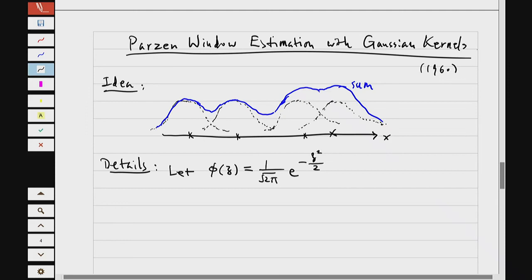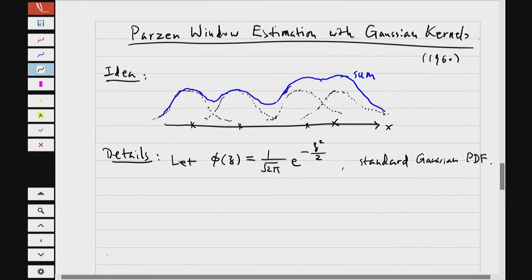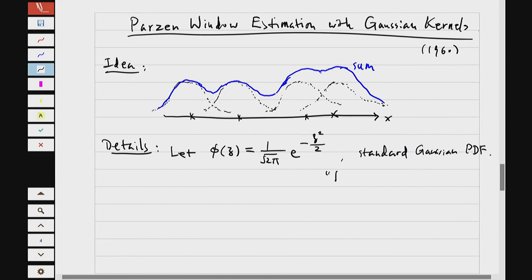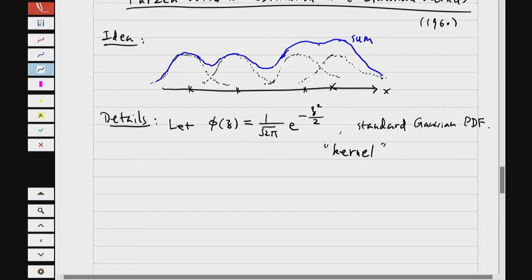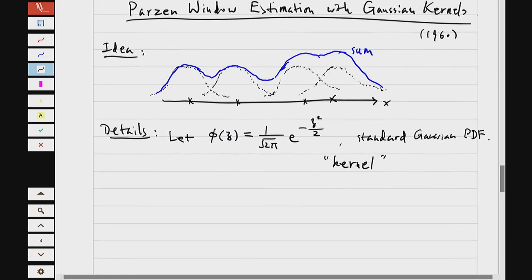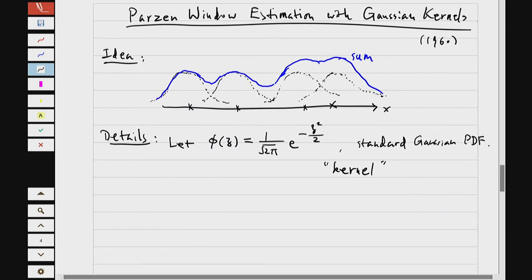This is the standard Gaussian probability density function, and it's also called the kernel in the Parzen window or Parzen kernel estimate method, the Parzen Gaussian kernel estimation method.